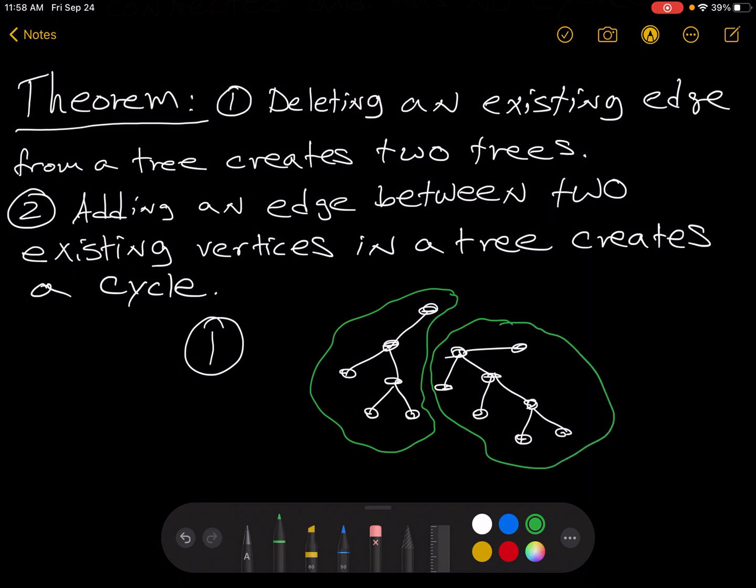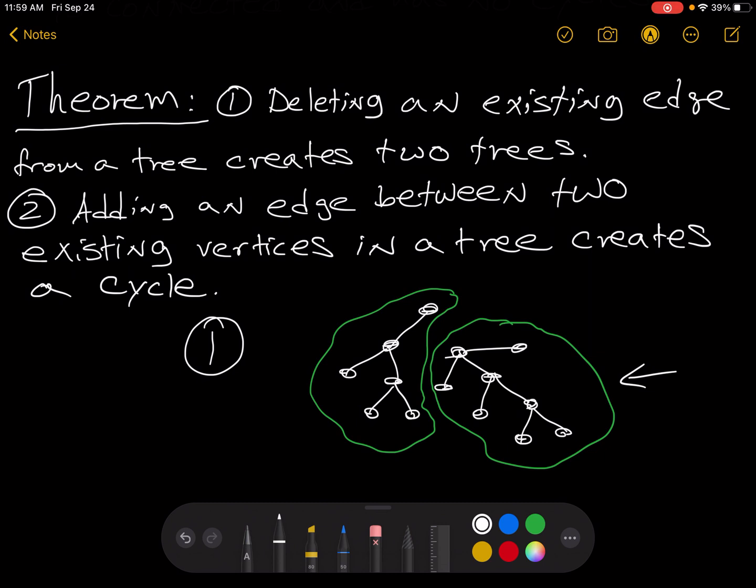Now, why is this true? Remember, the original thing was a tree, meaning that it was connected and there were no cycles. So if you delete an edge from a tree, there isn't going to be any cycle in the two connected components, or the two pieces. Because if there was a cycle in one of these two pieces, then there would have been a cycle in the original tree in the first place.